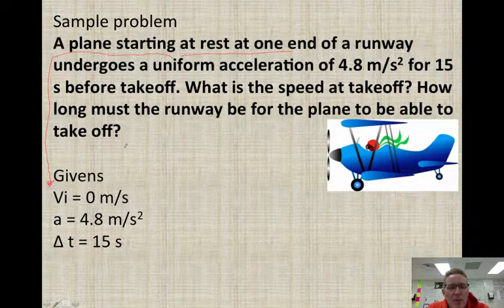It says it goes under uniform acceleration of 4.8 meters per second squared, so that is our acceleration. I'll draw an arrow going the same way. And it says it goes for 15 seconds, so there's our time.